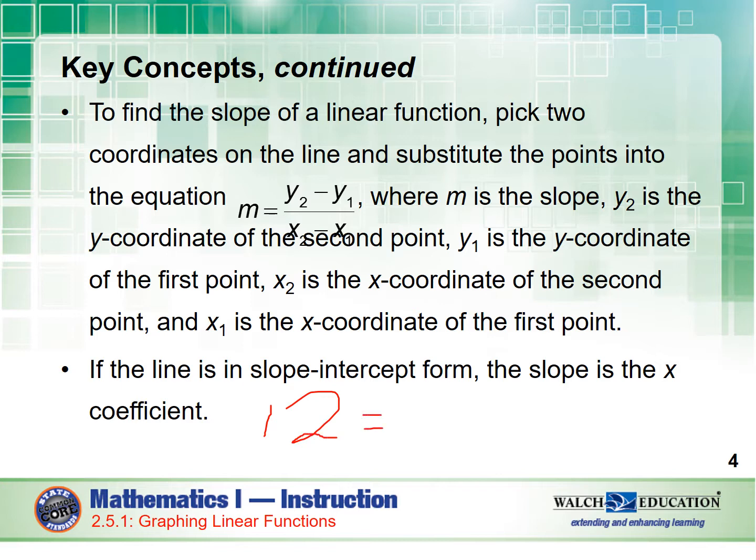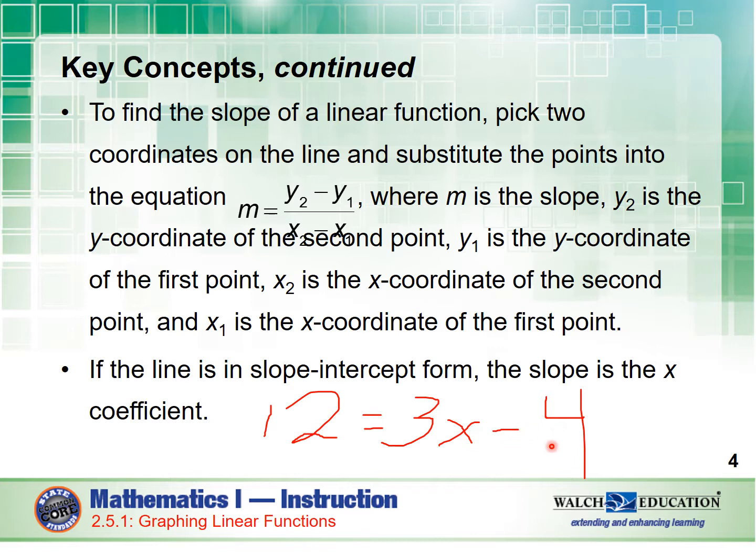An equation: y equals 3x minus 4. So we've got y right here equals mx, m is 3, x is x, and then minus 4 is the y-intercept.